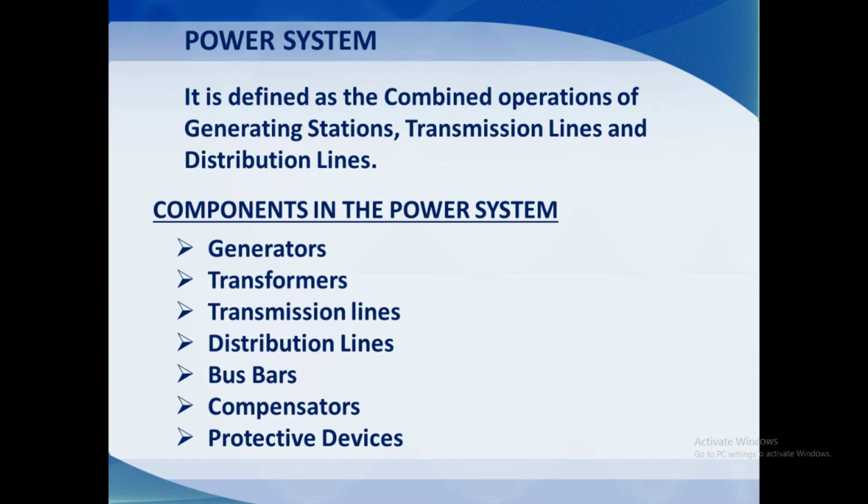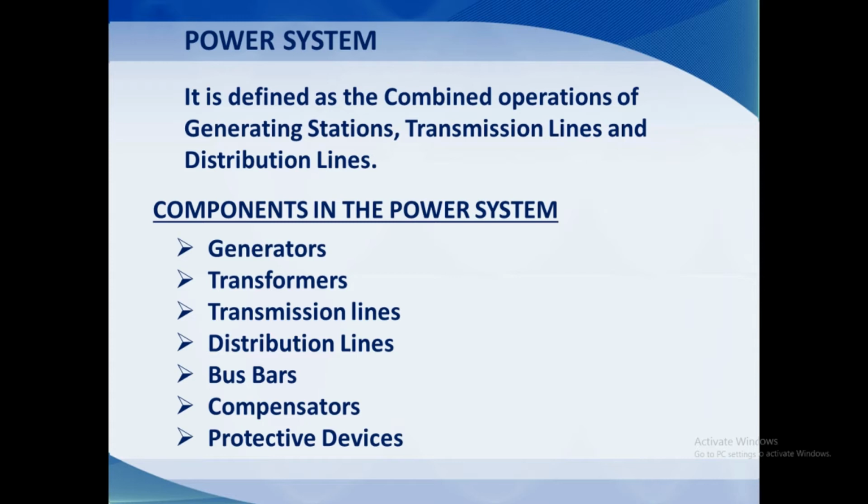So the power system components are generators, transformers, transmission lines, distribution lines, bus bars, compensators, then protective devices. The generating station's main component is the synchronous generator. Transformers are power transformers, which may be step-up or step-down transformers.